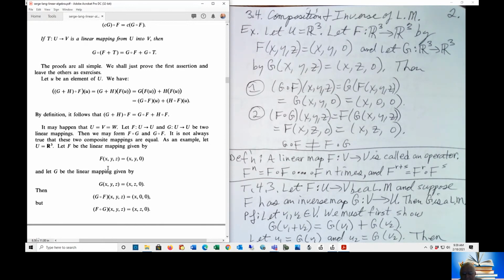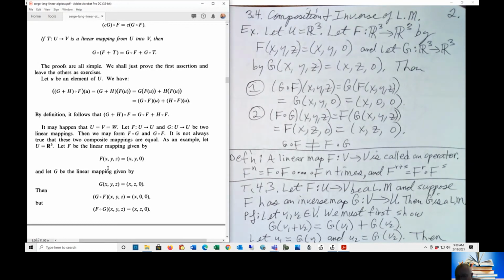Now, if you look at a linear mapping F going from V into V, in other words, the domain and codomain are the same, that's called an operator, a linear operator. And you can use the power notation for F composed with itself n times, for example.